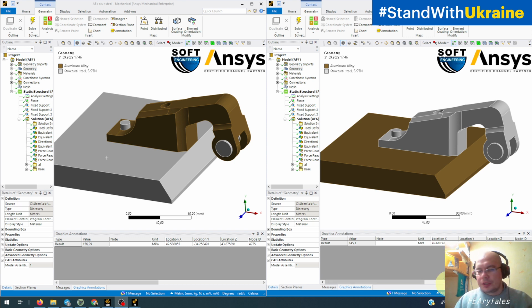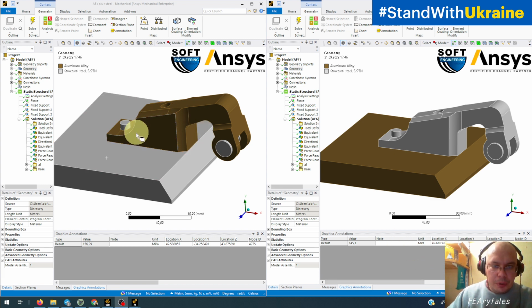But in most cases, for real construction, we have another situation. We have some parts created from one material and other parts from another, and here we have two different types of construction. They have similar geometry, similar boundary conditions, and similar contacts, which are linear, but they have different materials for different parts.